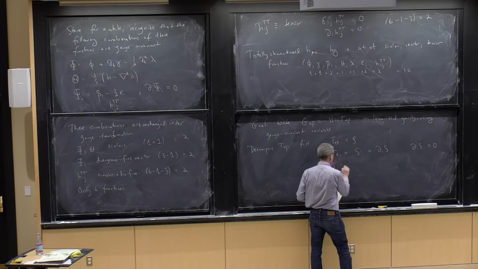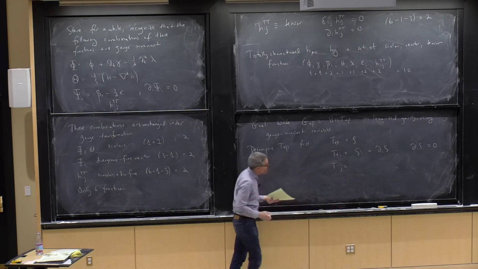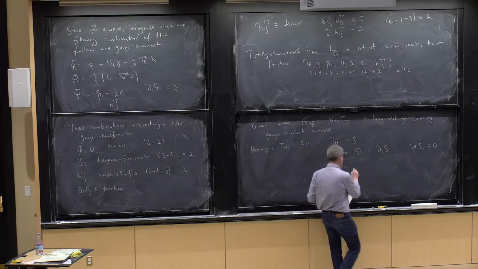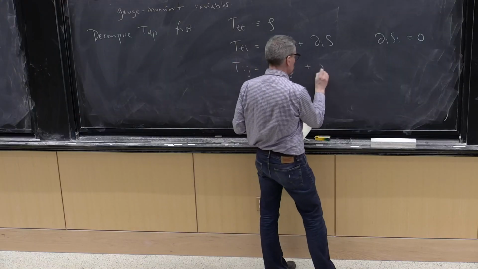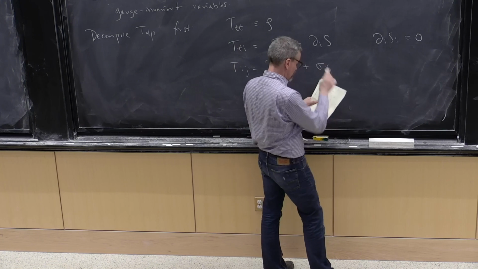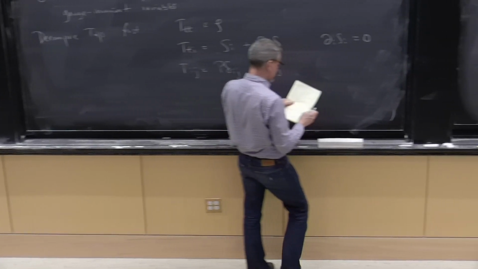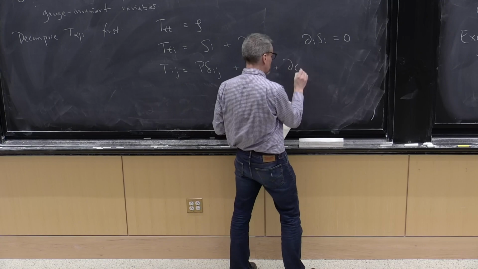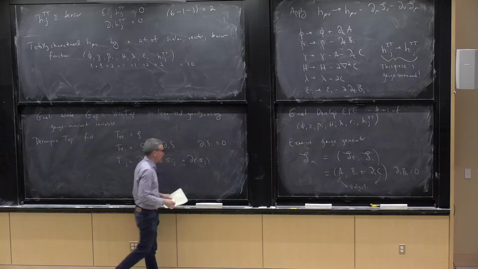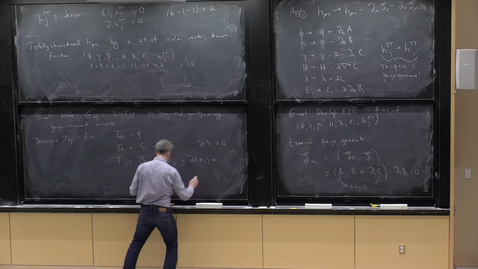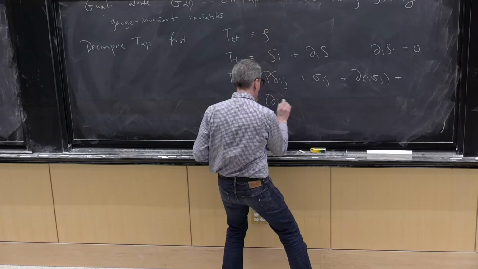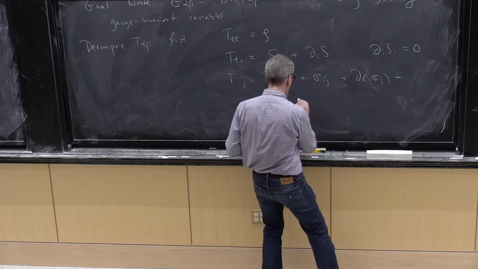And I am going to describe the space-space piece as an isotropic pressure, an anisotropic term, some kind of a gradient of a vector field, and then a second order trace-free operator acting on a scalar.